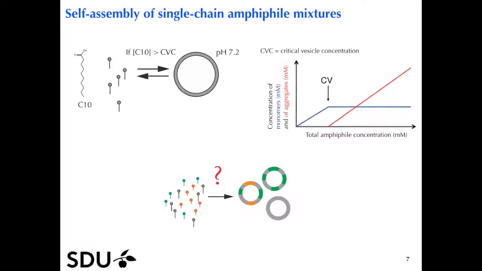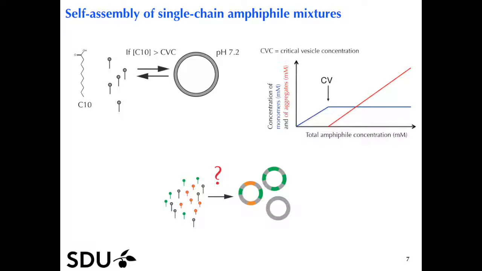The only difference with our lipid membrane is that this value is around 10 to the minus 9 to 10 to the minus 12 molar, so we don't notice it. But in this case, with very simple amphiphiles, it can go way higher, in the tens of millimoles and even larger.